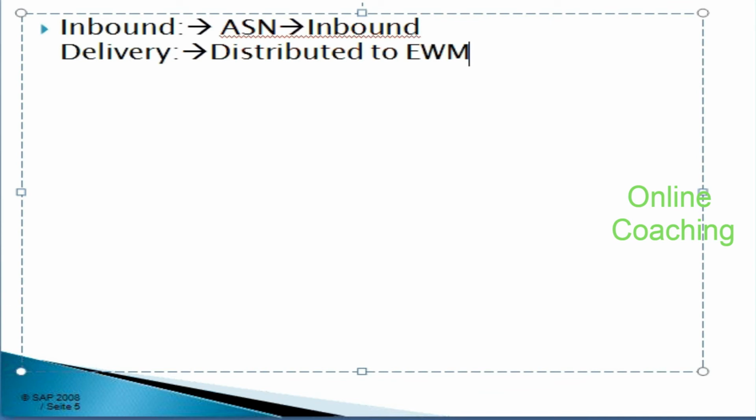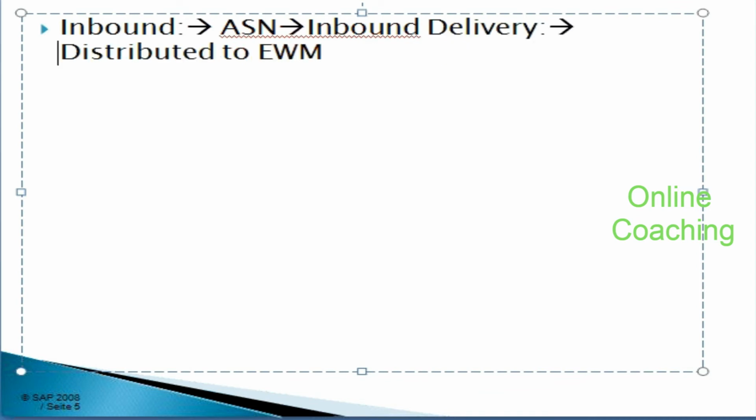Majority of the cases it is through ERP. What I'm telling is that till this part, it can be a non-SAP system also, so you can even handle non-SAP communication. I'm just taking SAP ERP as an example of the driver system and EWM as an execution system.